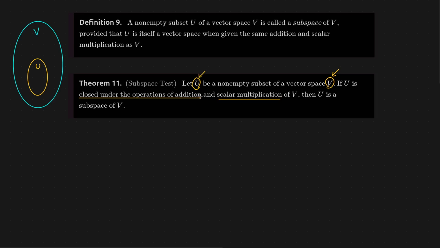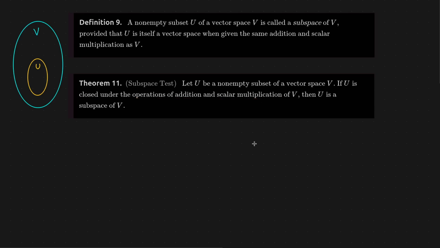U is a part of V, so U inherits most of the properties, not all. We do have to check these two. If U is closed under addition and closed under scalar multiplication, then U is guaranteed to have all the properties of a vector space because its parent set, the larger set V, is a vector space. It inherits the properties.